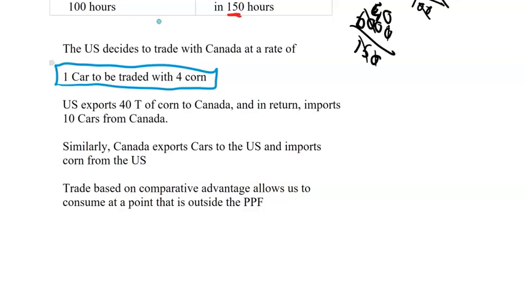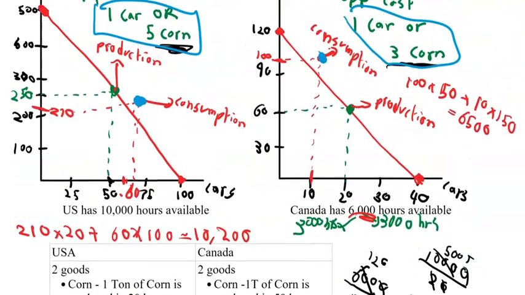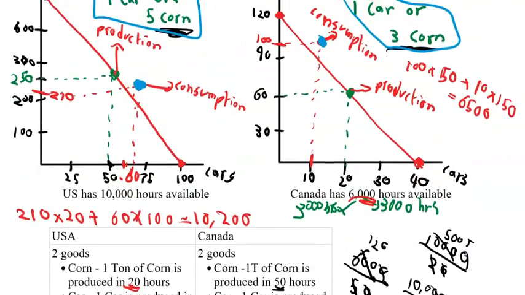Now, one question that may come up is, why was this point chosen? Why not any other point? Let's say we chose 1 car traded for 2 corn. Basically, the US is offering, I'm going to buy 1 car from you, but I'm only going to give you 2 corn. Would that be beneficial for the US or Canada?